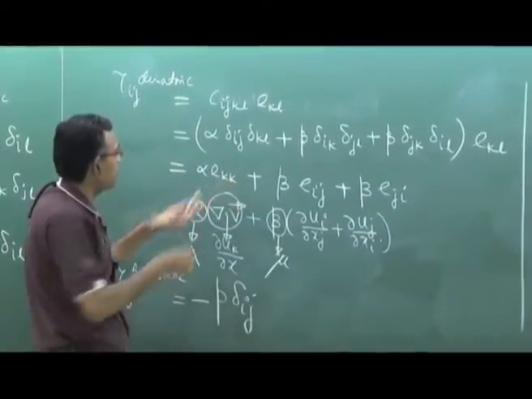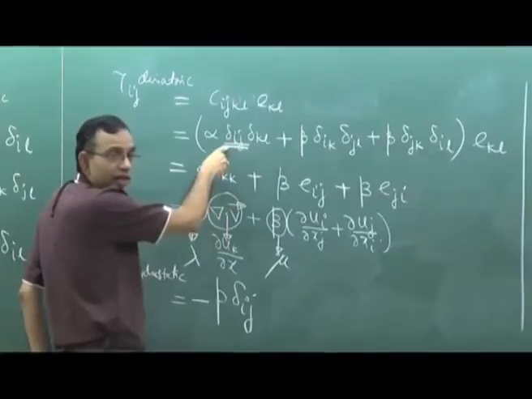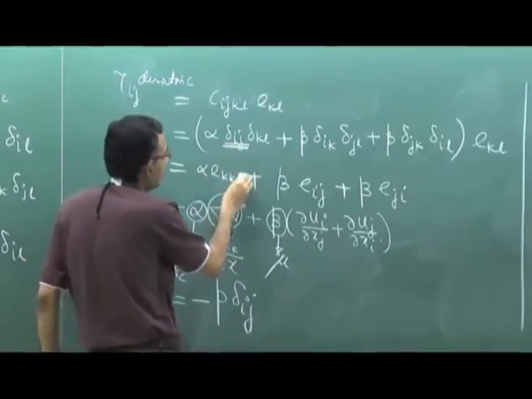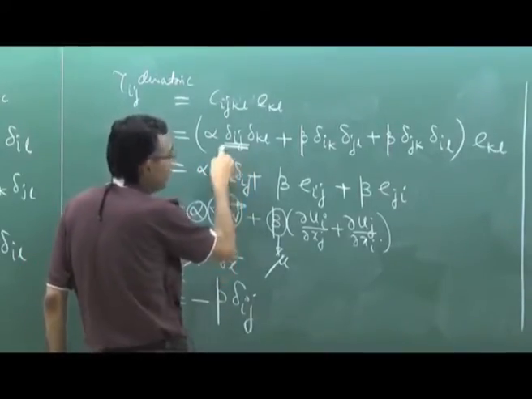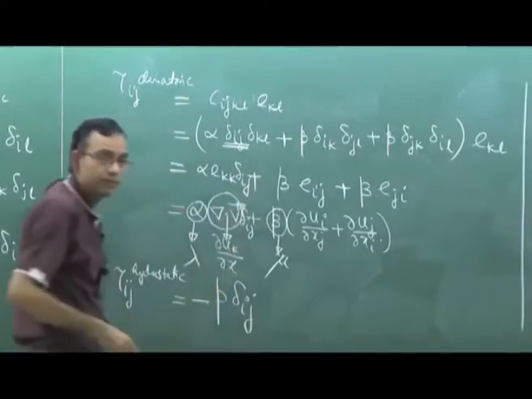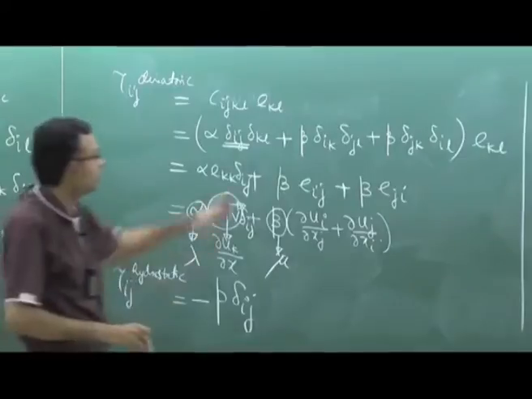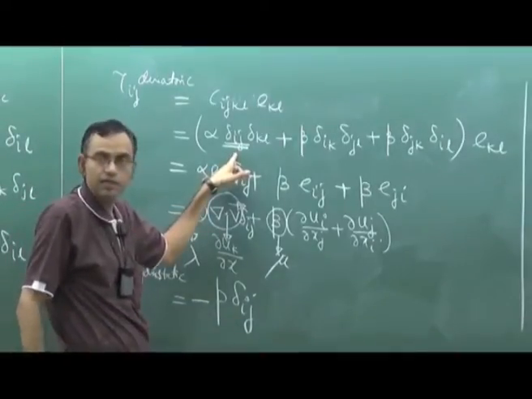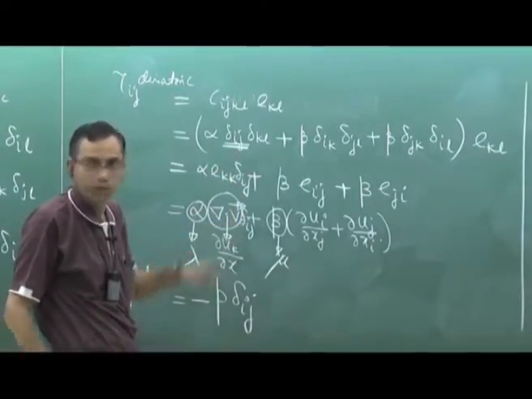One term we had missed, I forgot to write this delta ij. Please correct this. So this will be this times delta ij. Yes, there was a delta ij here, I just forgot to write it. Okay.